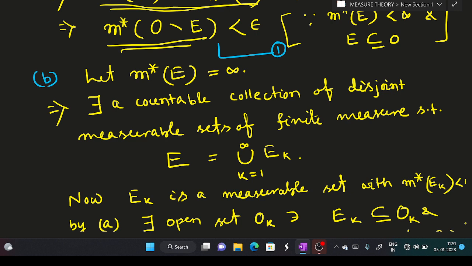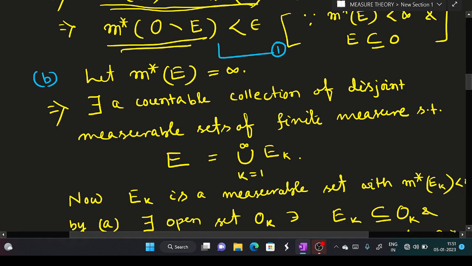So every measurable set can be expressed as a countable collection of disjoint measurable sets of finite measure, such that E is equal to the union over k from 1 to infinity of Ek. Now Ek is a measurable set with finite measure.